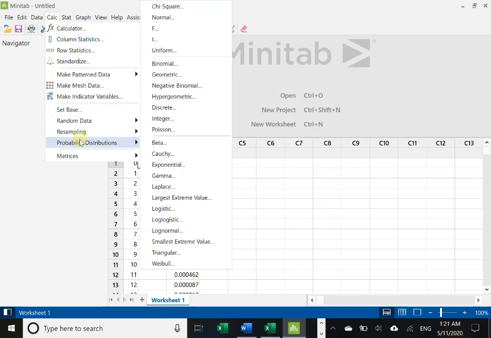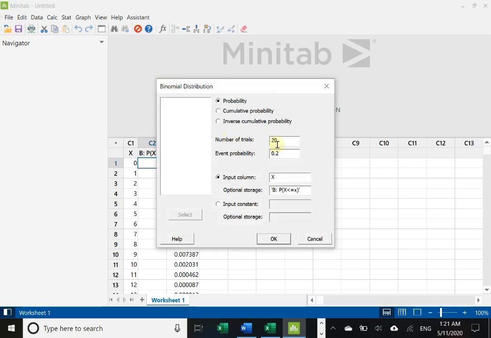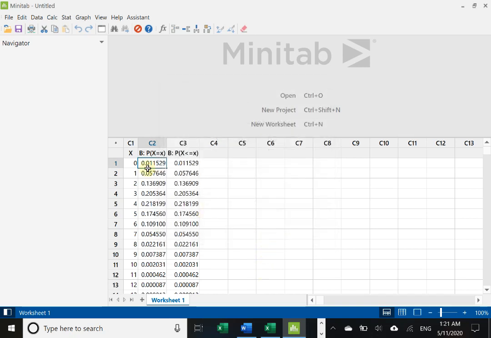Calc, Probability Distribution, Binomial, 20, 0.2. Oh, I see. Just because I was selected, and I'm going to select the column 2. There you go. Now don't worry, I know that's repeated in column 3, but we're going to overwrite these with the CDF.